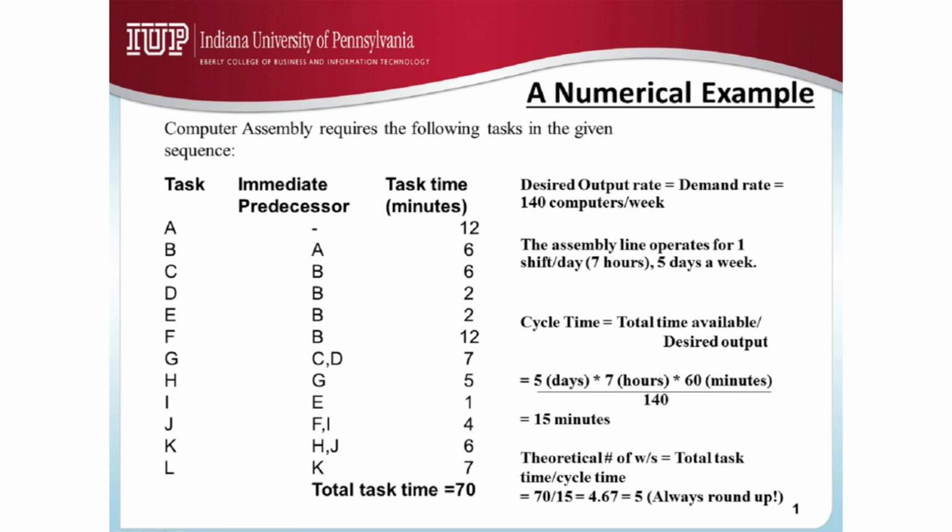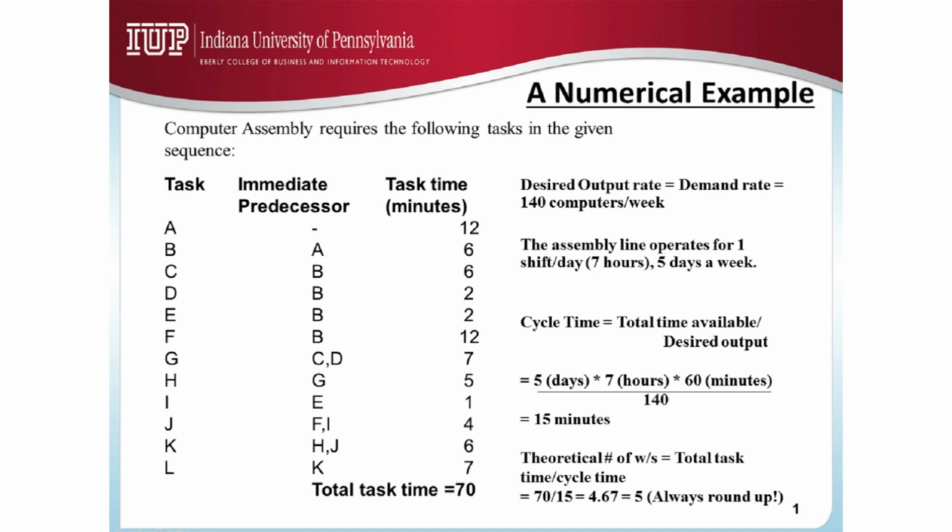In addition, you're given another piece of data here. Task A requires 12 minutes to be completed. Task B requires 6, and as you can see, each one of them require different amounts of time. Task I requires only 1 minute. The total task time, you just add all of these, is 70 minutes.